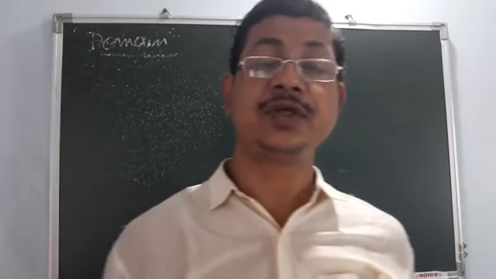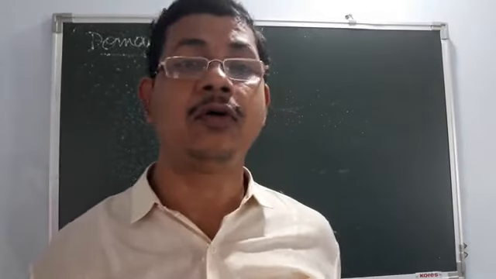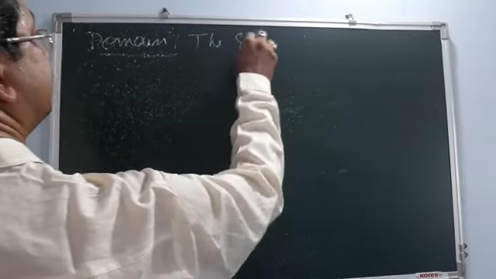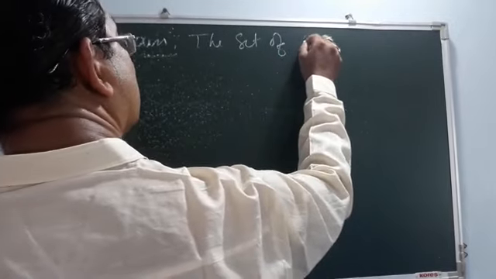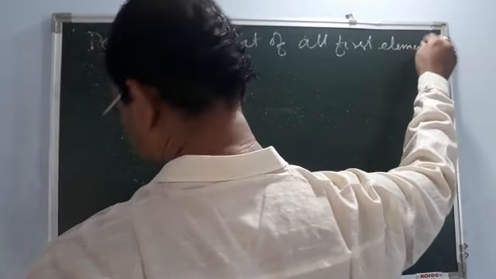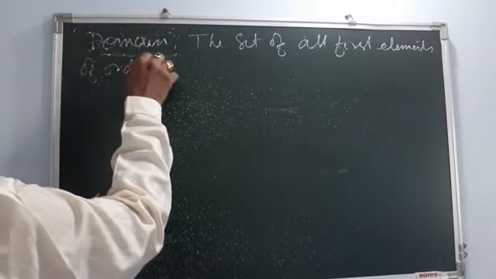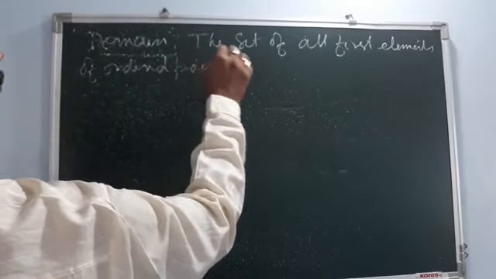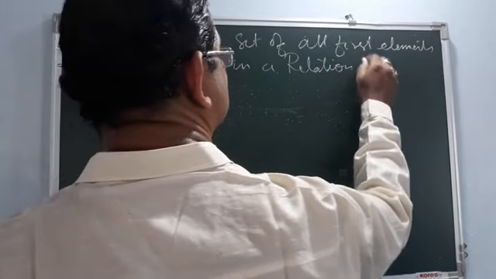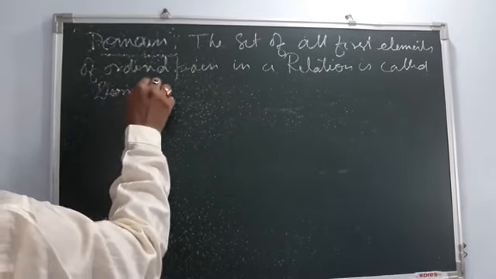Of course, it is a set which contains the first element of every pair of relation R. The set of all first elements of ordered pairs in a relation is called the domain of that relation.